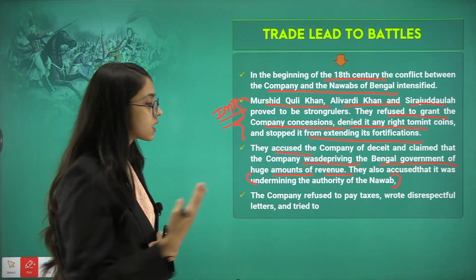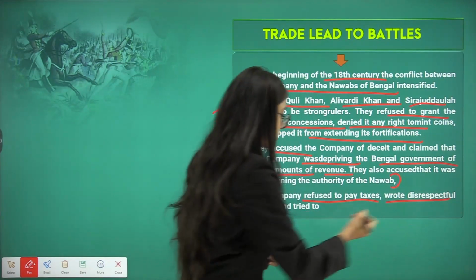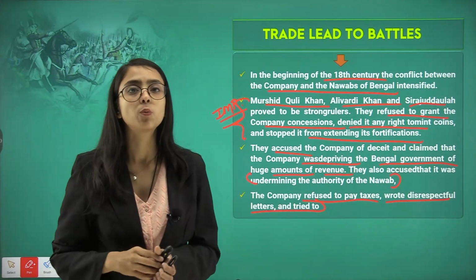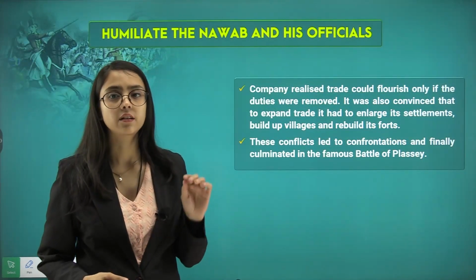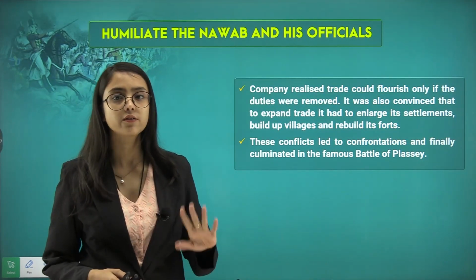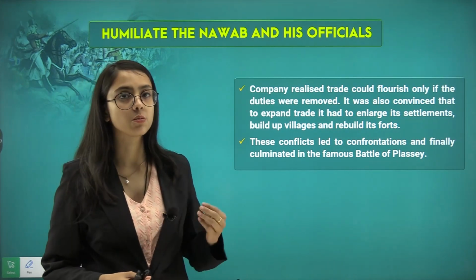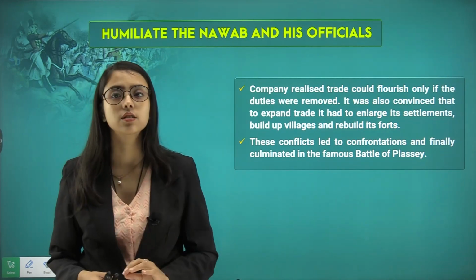The company refused to pay taxes. They wrote disrespectful notes and letters and tried to completely humiliate the Nawabs. The company realized that trade could not flourish if the duties were removed. It was not just that duties had to be removed in order to increase trade, but there were other factors also.